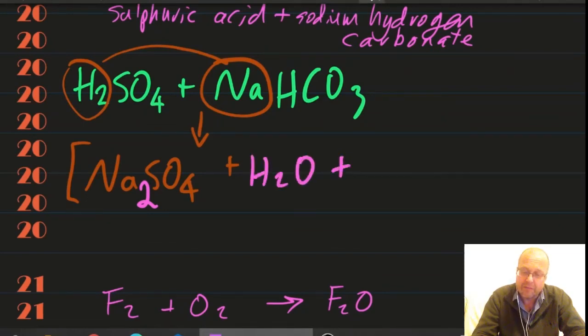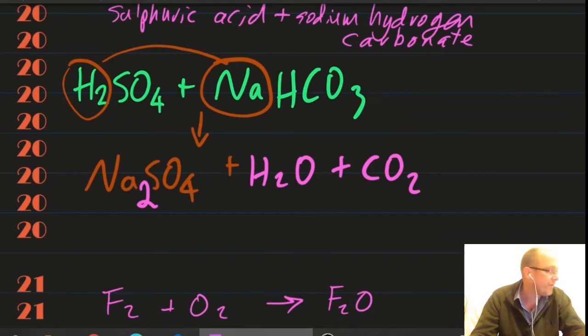There are other ways to try and teach this, but that's the way I do it. Now this is unbalanced, but it doesn't have to be balanced. So the answer is C, 20C.